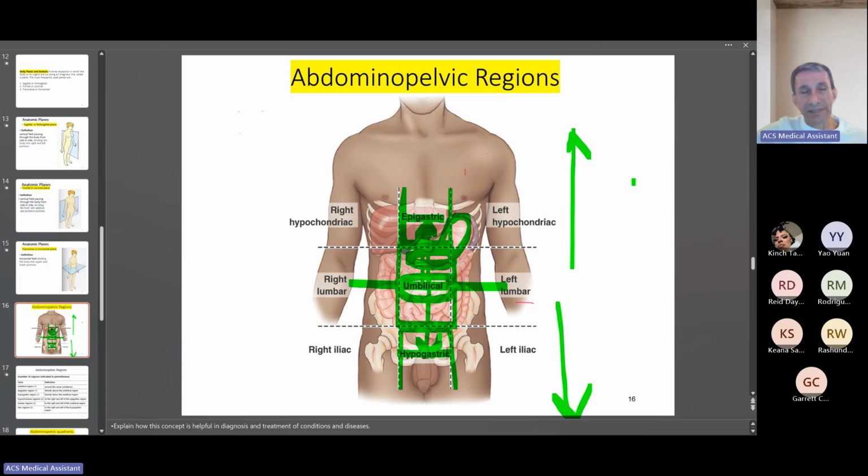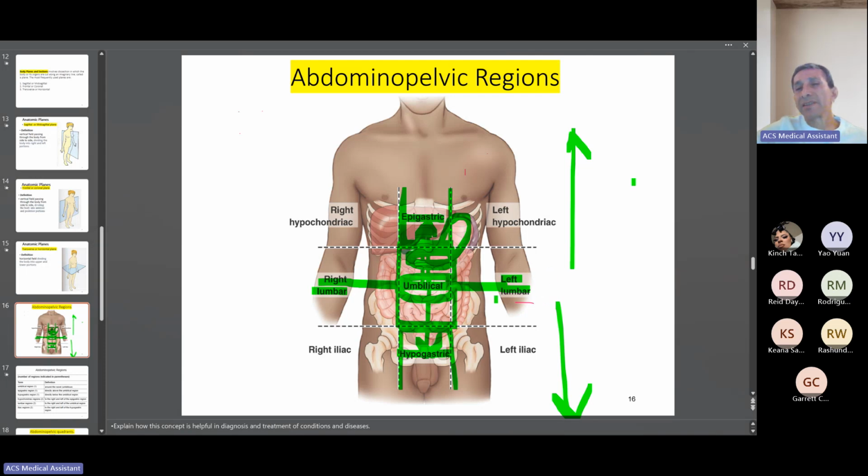Now we're gonna use the same umbilical area to mention the sides of the umbilical region. Then we have the right lumbar region and the left lumbar region. Why do they give you these names? What do you mean lumbar? Right and left, we know that is the right side and the left side.